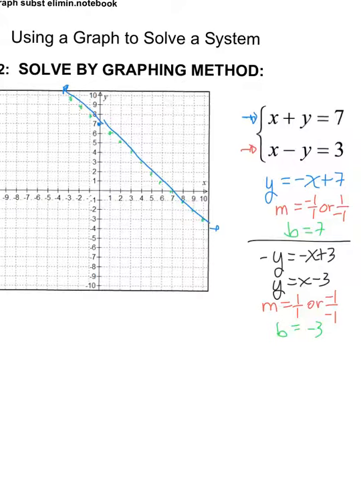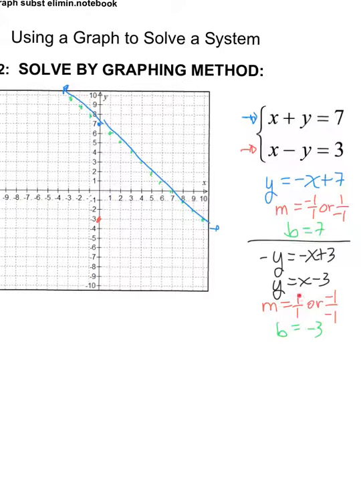So if I were to graph this, I would start at negative 3, and I'm going to stair-step my slope in the direction of the first line that I graphed. If I go down 1 and to the left 1, I'm going away from that line. And really my goal is to get towards this line and find out where they intersect.